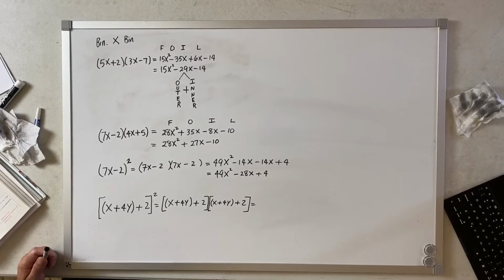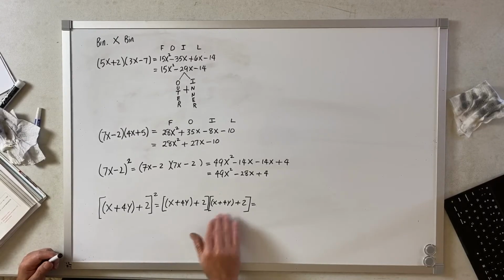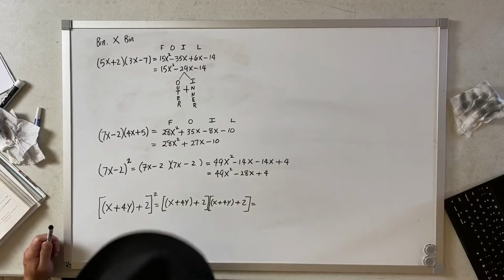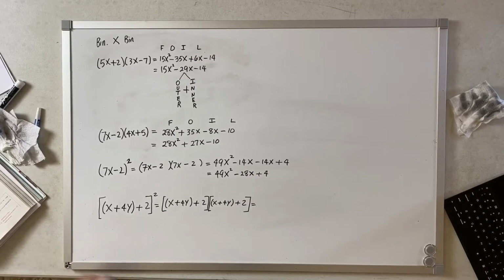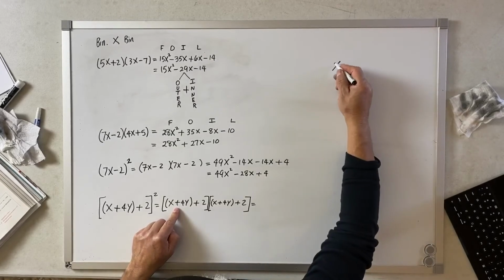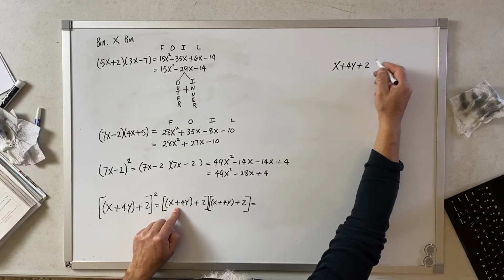So, this is like a trinomial times a trinomial. Look, it's a trinomial times a trinomial. I better do it like that instead. Okay, so here's what I'm gonna do. I'm gonna take this x plus 4y plus 2.